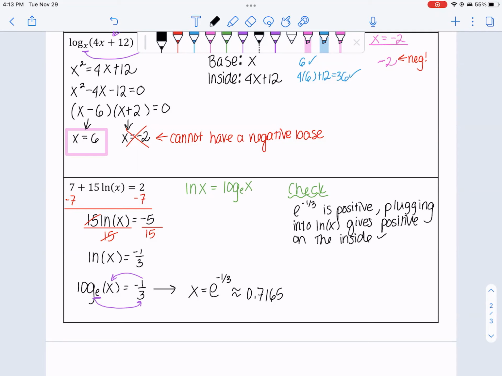So we're good. E to the negative 1/3 is positive. If we plug it into ln x, we'll have a positive on the inside, so we are good to go. This right here is our answer.